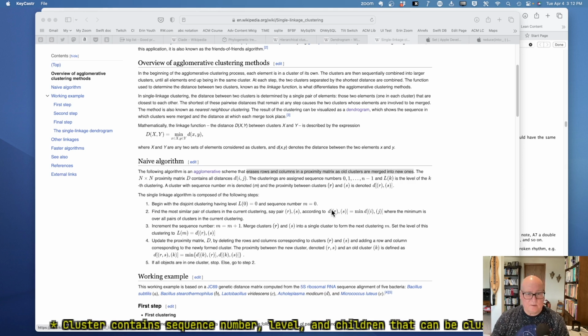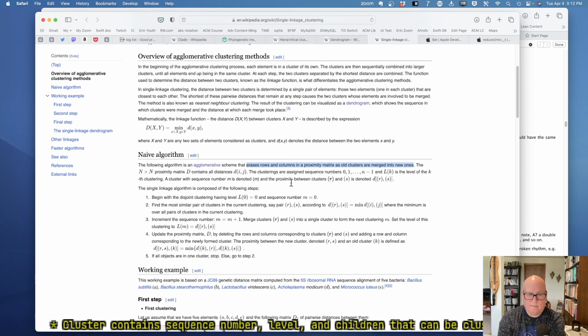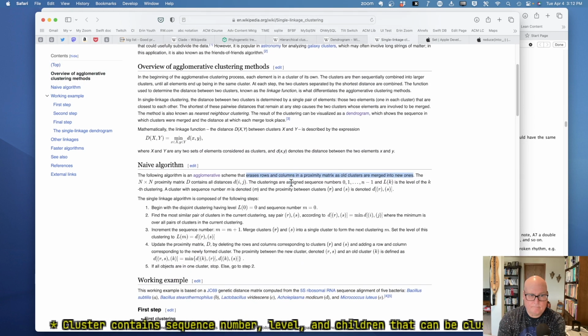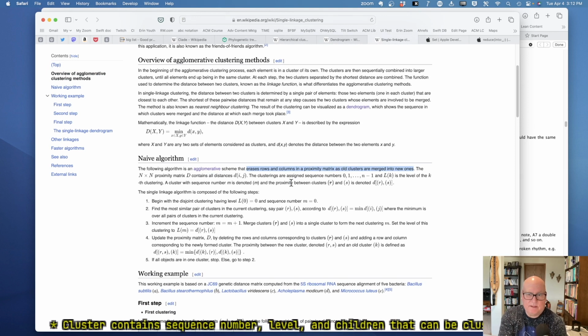I don't know if that's an algorithm on cluster or not, but let's try and define the proximity matrix. It erases rows and columns, so it's going to have to be told to get rid of certain rows and columns. That's fine.